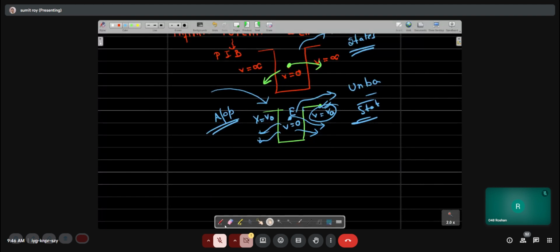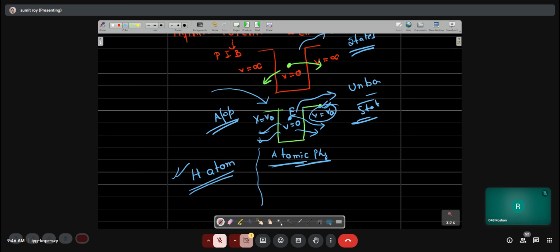So this is one application. Another application is your hydrogen atom. A long topic, hydrogen atom. So these are the two applications, and the rest of the things that you have to study are from the atomic physics part.